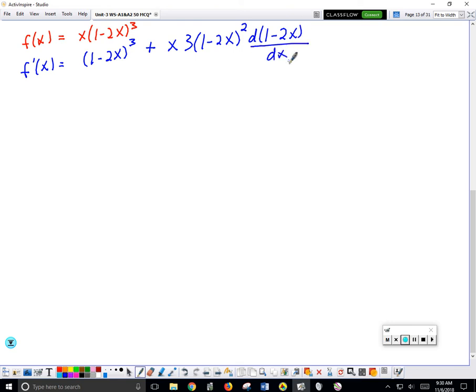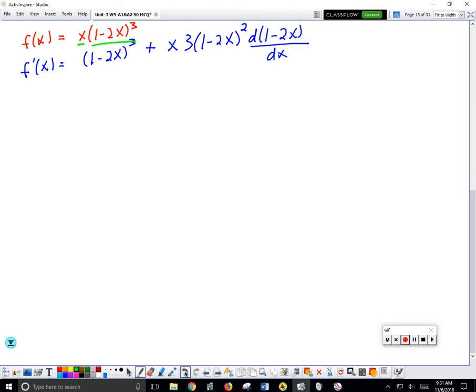Let you catch up in your notes. Wait, what's the first part that's being added for? So to find this derivative, I had to use the product rule, where I have this multiplied by this.